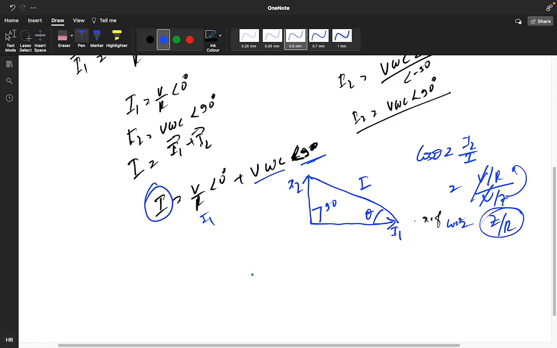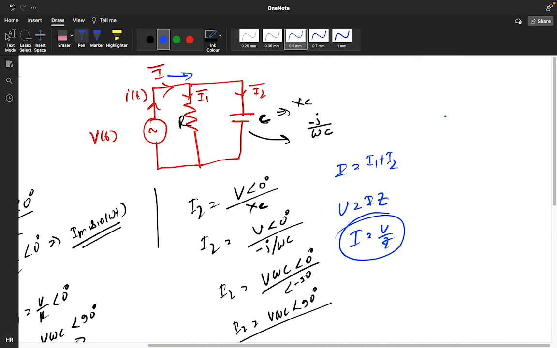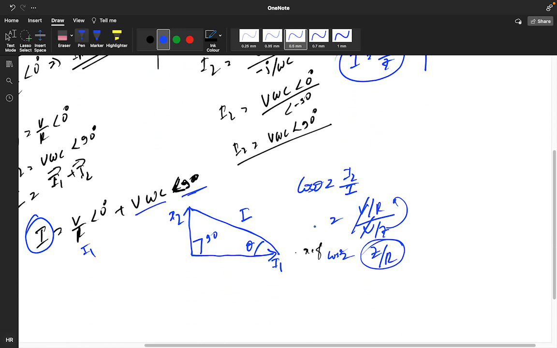Now, if you apply the I2, which is V omega C... but here, see, we are taking the base. This is I1.